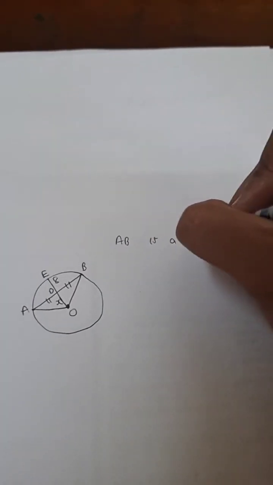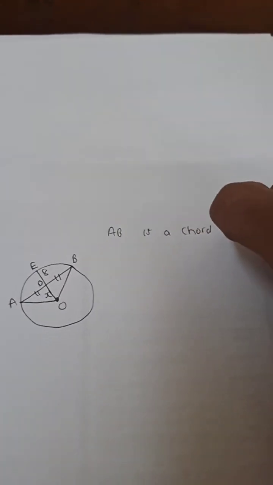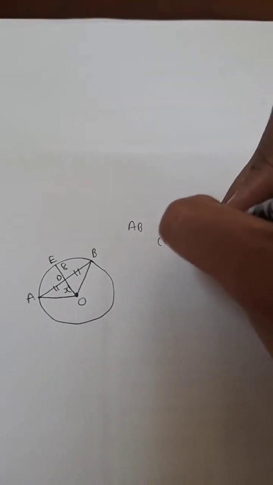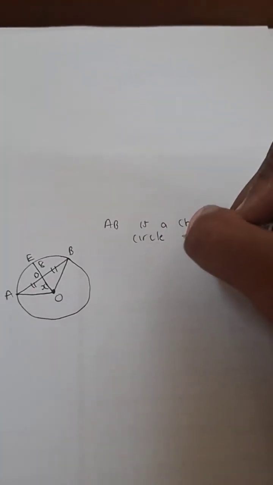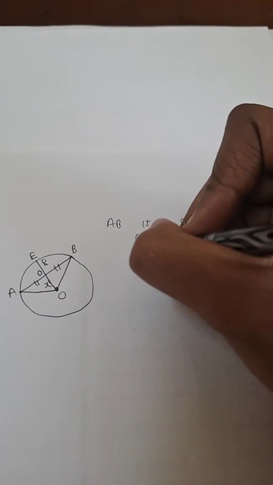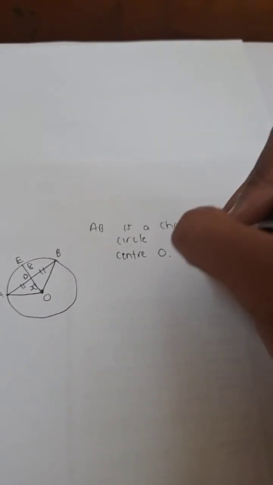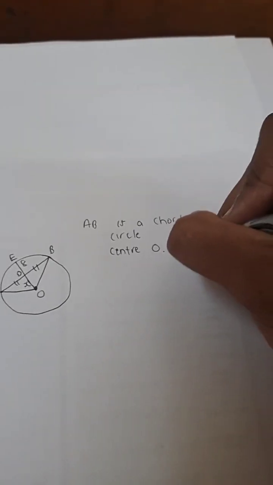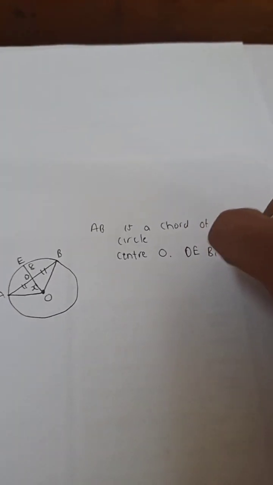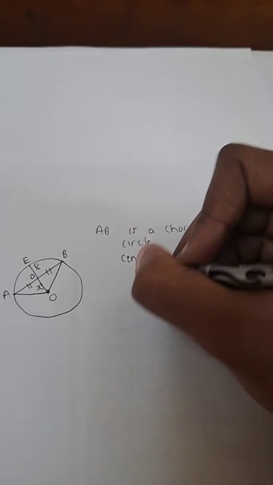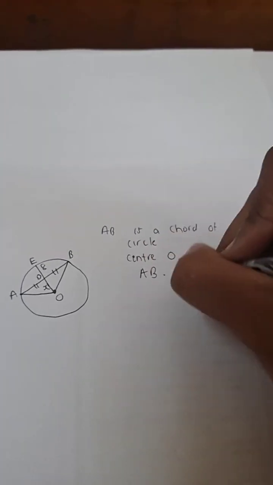AB is a chord of the circle, center O. OE bisects AB.